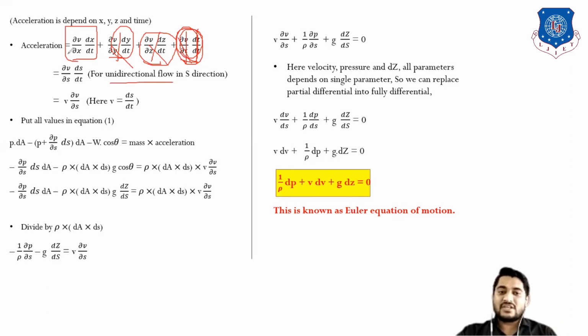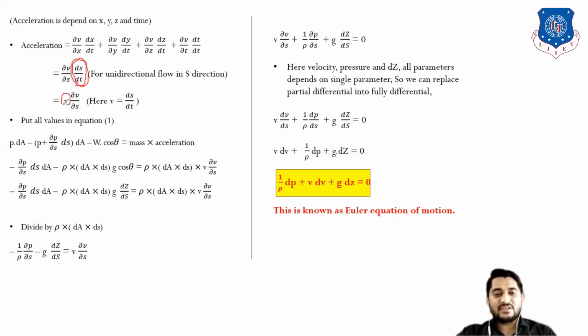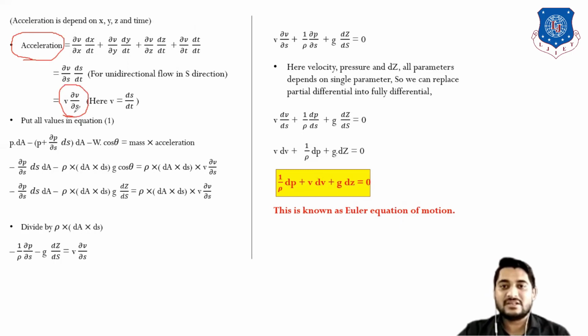So we have to take del v by del s and ds by dt. Clear, students? Now ds by dt, displacement derivative with respect to time, is known as velocity v, and the other term remains as it is, del v by del s. So our acceleration in s direction is simply v into del v by del s.